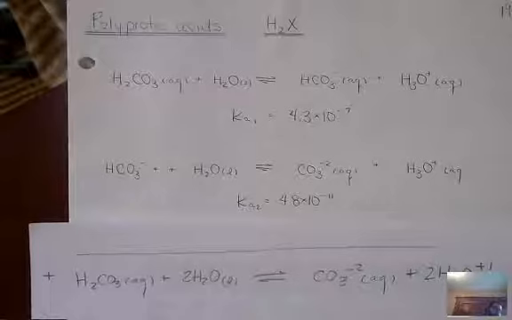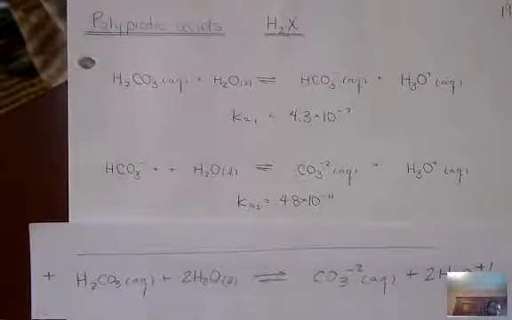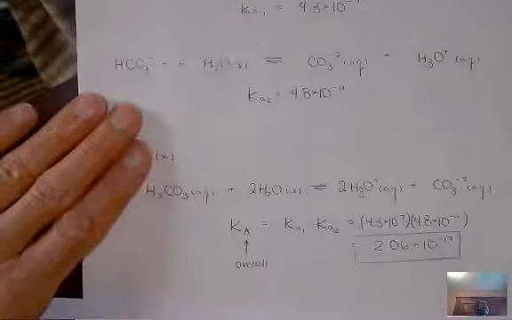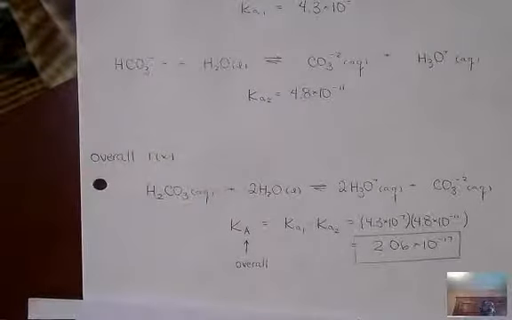If I do the math, K for the overall reaction is going to be 4.3 times 10 to the minus 7th times 4.8 times 10 to the minus 11th. And the overall K is going to be this little teeny tiny number down here.